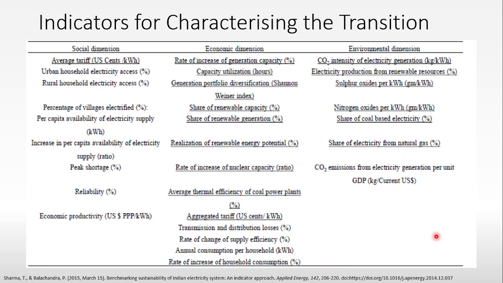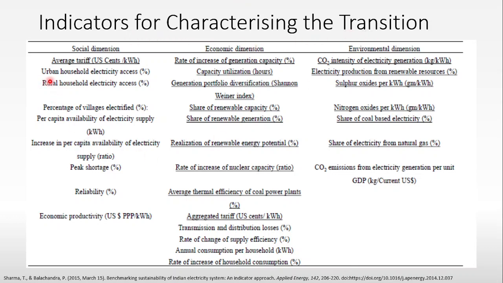From 2013, what they have done is transition the electricity system to 2031, almost an 18 year gap. From 2013, things need to be better in 2031. That is what they mean by characterizing the transition.